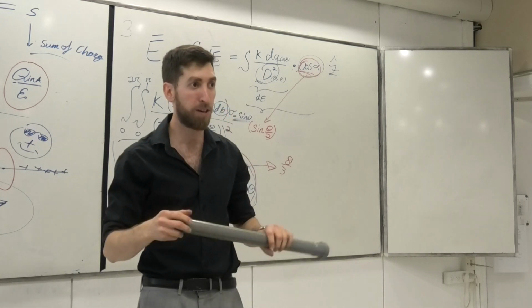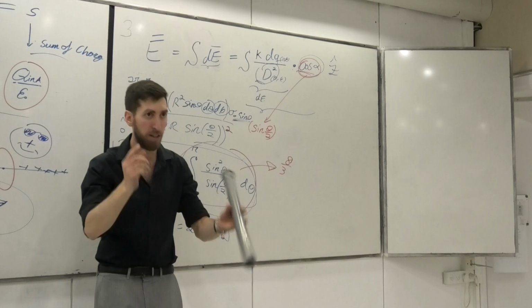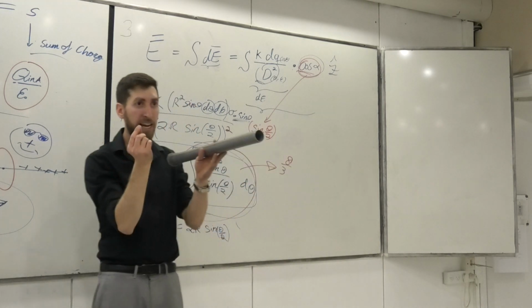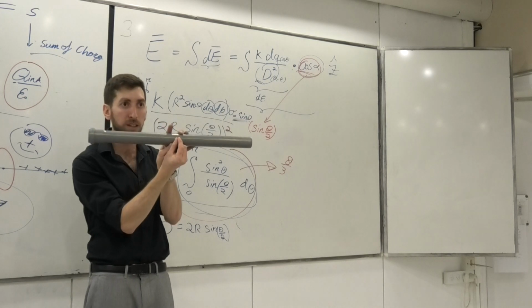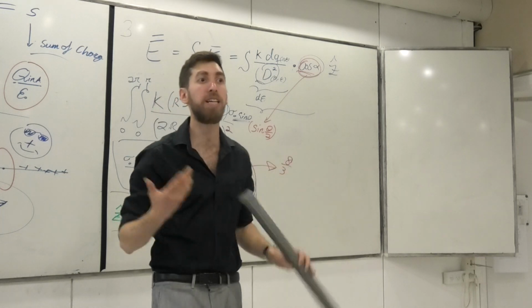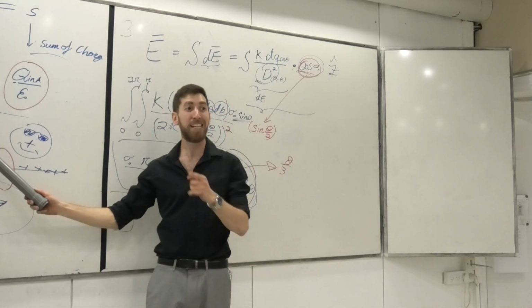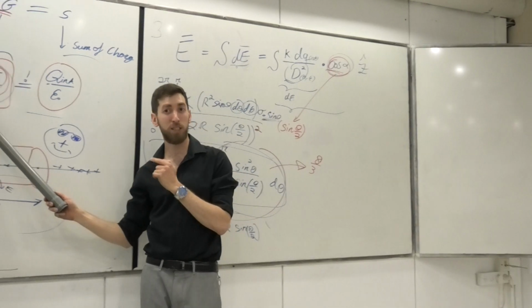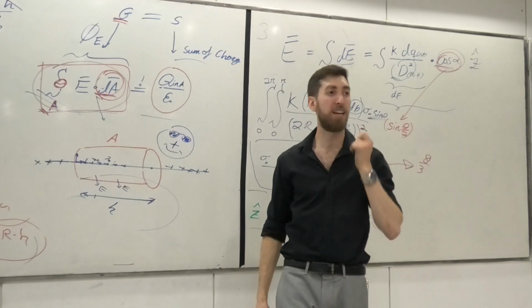But if I am a small bacteria, or coronavirus, and I come near something, for me, what is it? An infinite wire. An infinite cylinder, actually. That's what I see. So Gauss's law is actually super useful in real life.